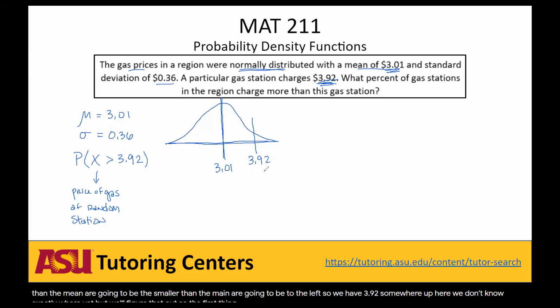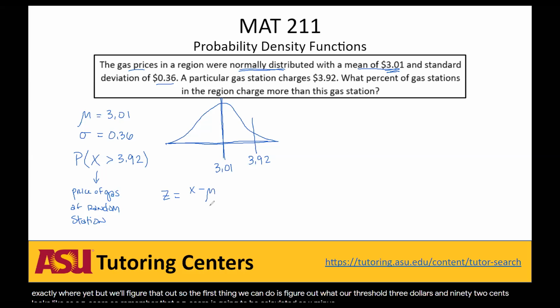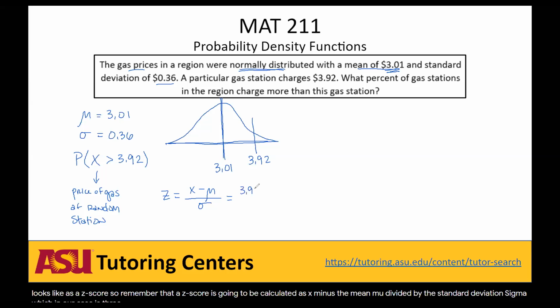So the first thing we can do is figure out what our threshold $3.92 looks like as a z-score. Remember that a z-score is calculated as x minus the mean, mu, divided by the standard deviation, sigma, which in our case is 3.92, that's this x value here, minus our mean, mu, which is 3.01, divided by our standard deviation, which is 0.36.